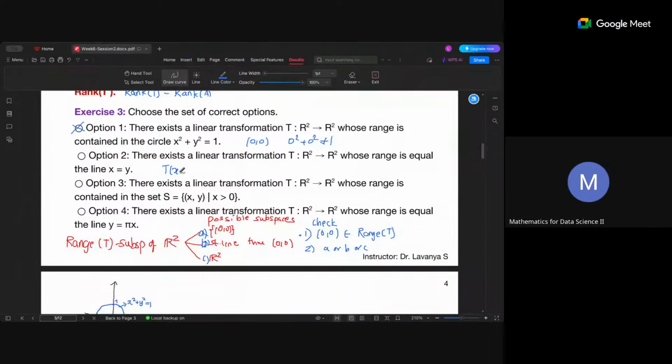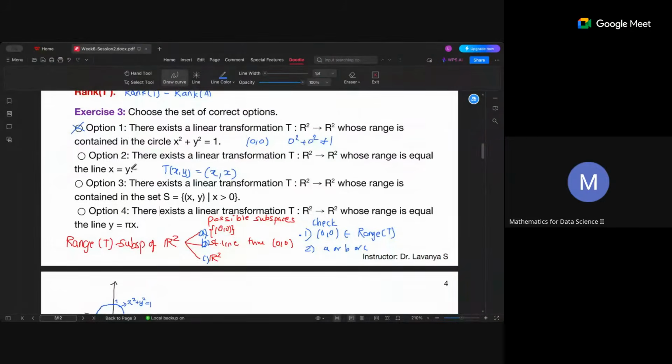T of (x, y) should be (x, x). Since x equals y, I have substituted y with x here. Or you can put (y, y). Basically both of the coordinates should be the same. So here you have T of (x, y) mapped to (x, x).